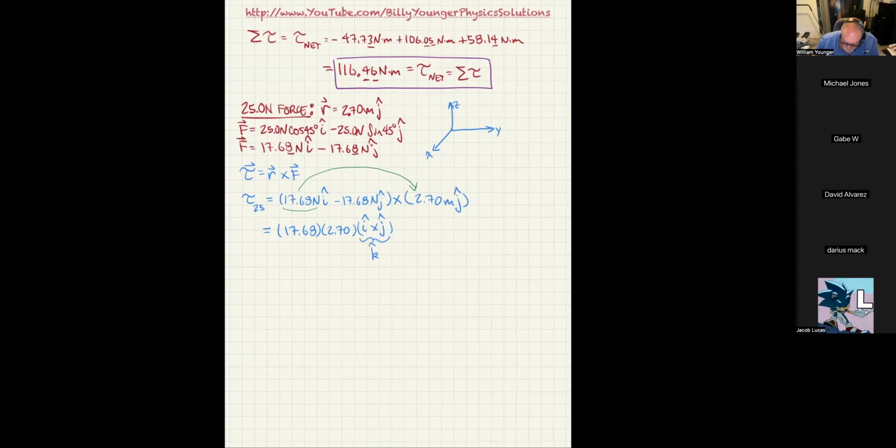Now, we're also making use of the fact that A cross B is the magnitude of A times the magnitude of B times the sine of the angle between them. Well, the magnitude of i hat is 1. The magnitude of j hat is 1. And the angle between i hat and j hat is 90 degrees. So it's 1 times the sine of 90.